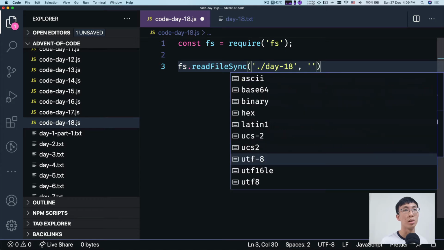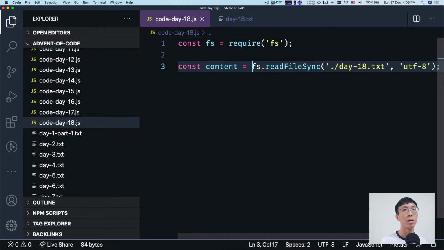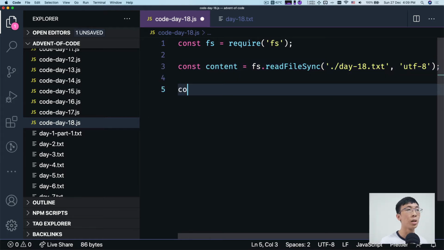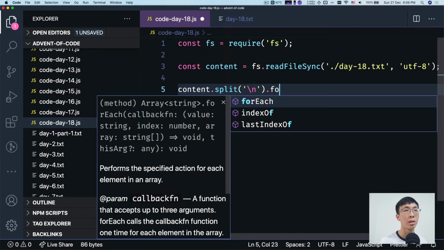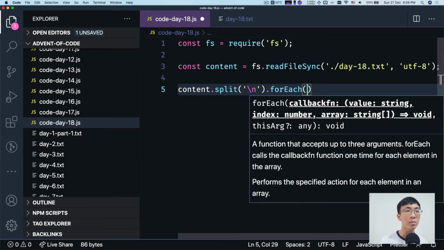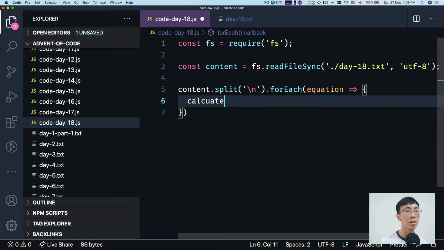And then we are going to split by the newline character, and for each line equation, we are going to calculate the equation and get the result.